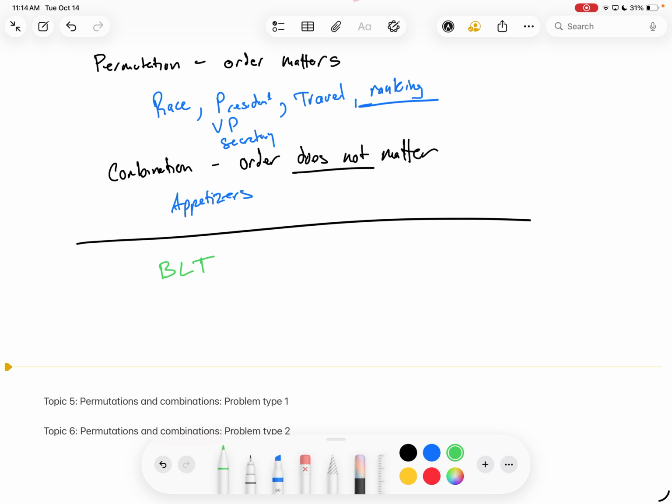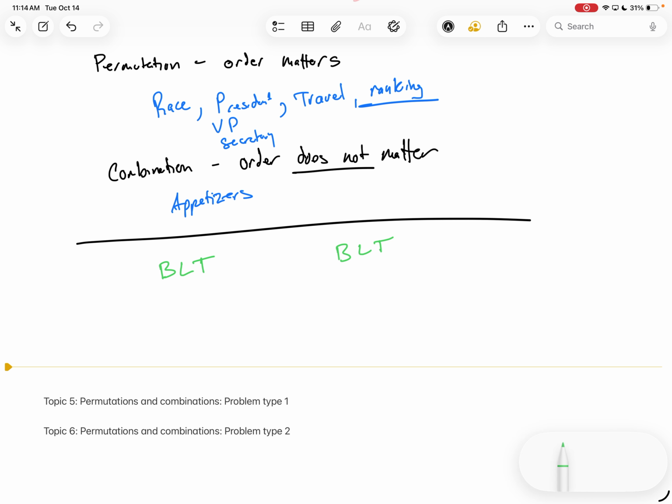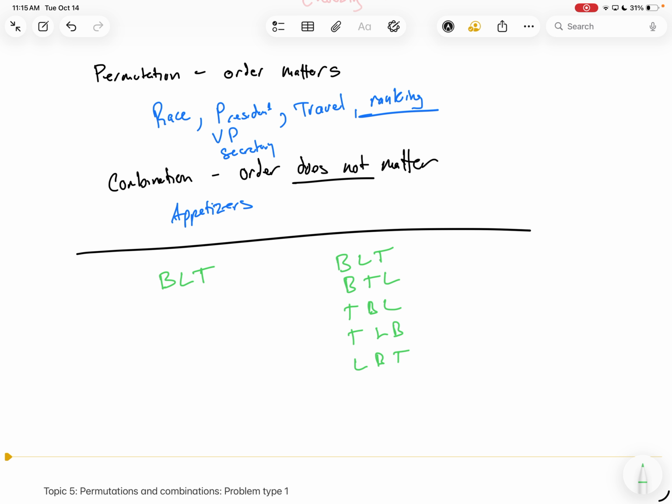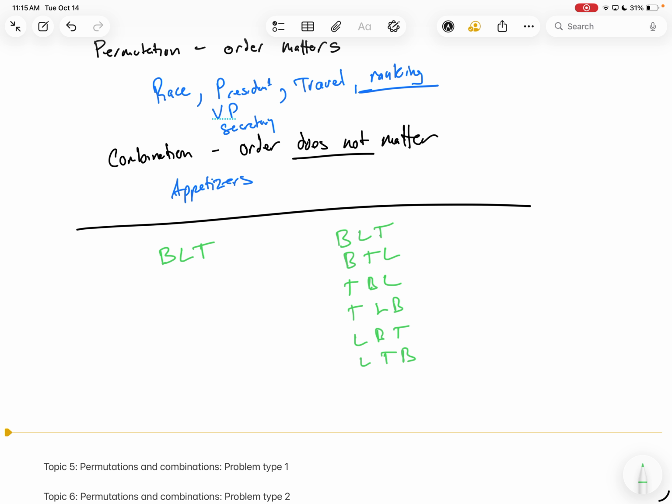But what if you have picky people? If you have picky people, a bacon, lettuce, tomato may be different than a bacon, tomato, lettuce, or tomato, bacon, lettuce, or tomato, lettuce, bacon, or what else? I got some more combinations here. Lettuce, bacon, LBT, LTB, okay? So if you had 6 really picky people, they'd be like, no, that's not a true BLT unless you do tomato, bacon, and then lettuce, okay?